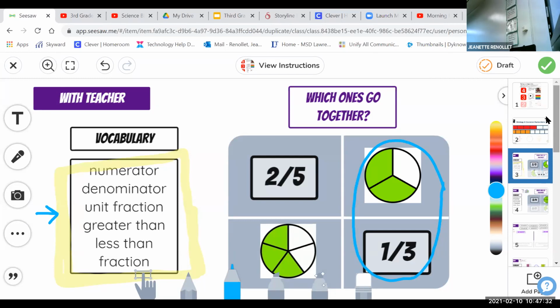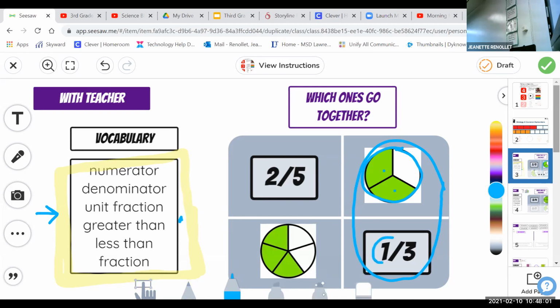So what math vocabulary can we be using to describe what's going on in this model? Gloria. So I'm hearing everybody say the same thing, that this is showing two highlighted parts.